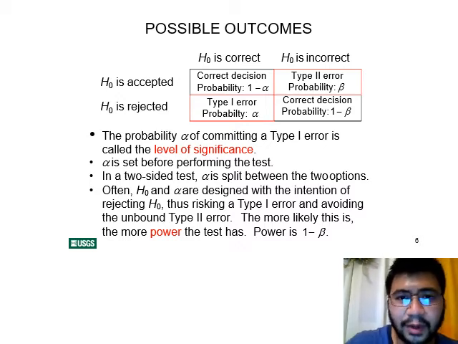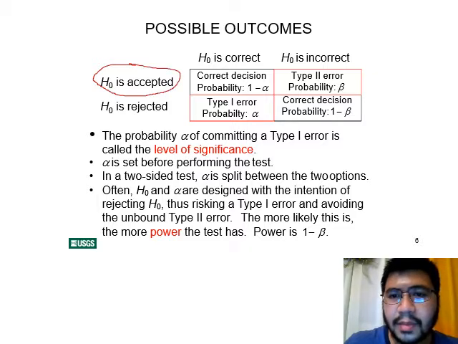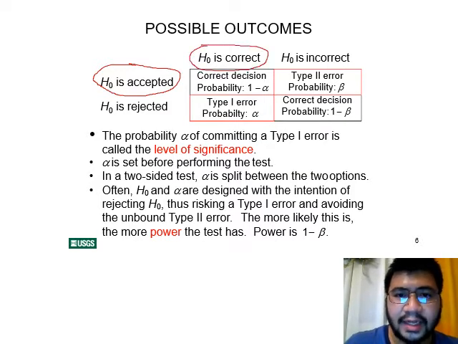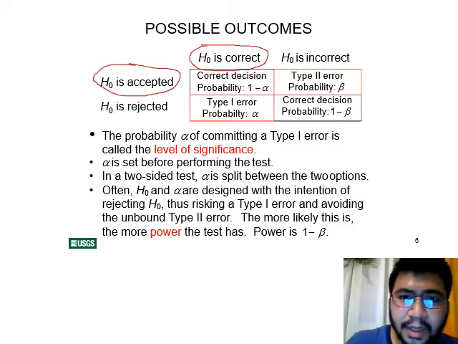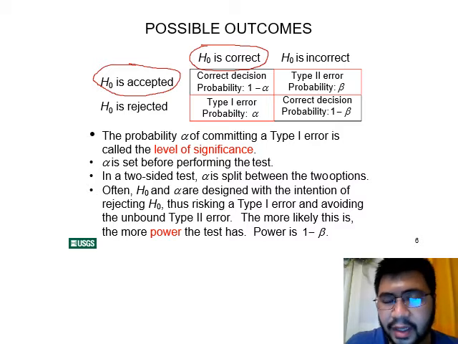And here we have four possible outcomes. First is your upper left outcome, where it's sort of a true positive scenario where you accepted the null hypothesis, and the null hypothesis in fact is actually correct.